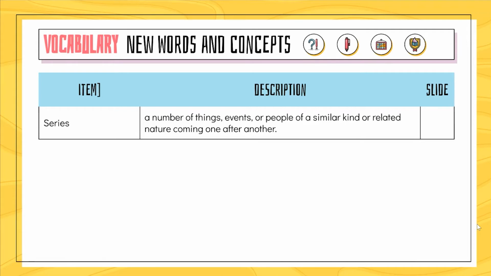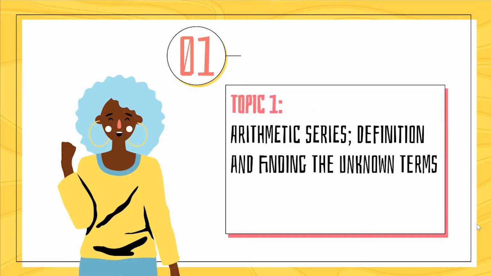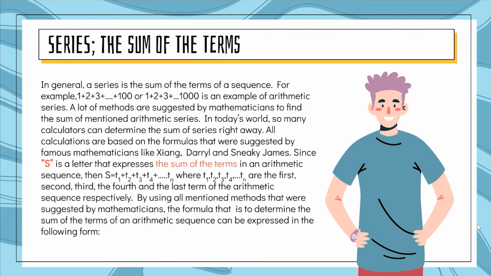Series: a number of things, events, or problems of a similar kind or related nature, coming one after another. Okay, Topic 1 is arithmetic series, defining and finding the unknown terms.